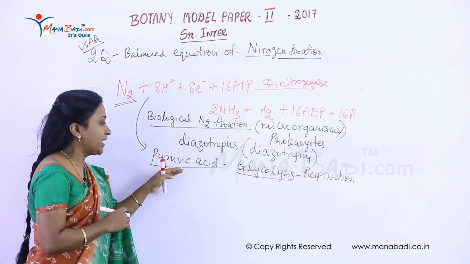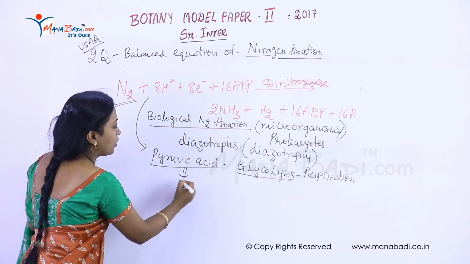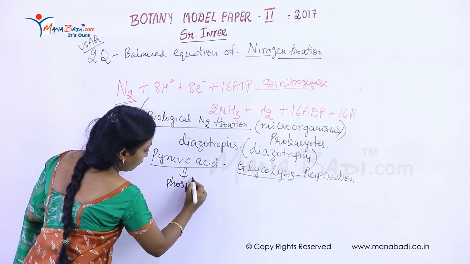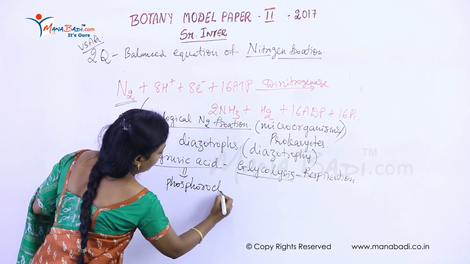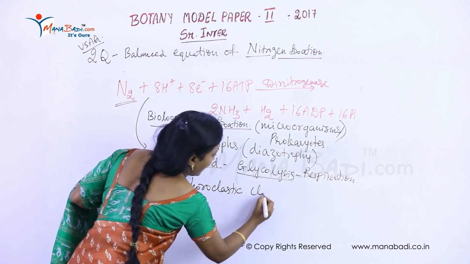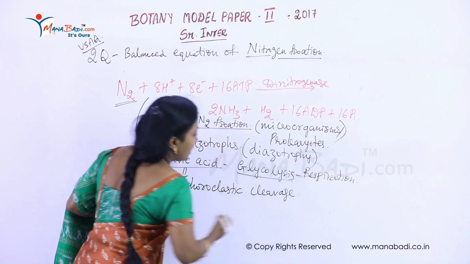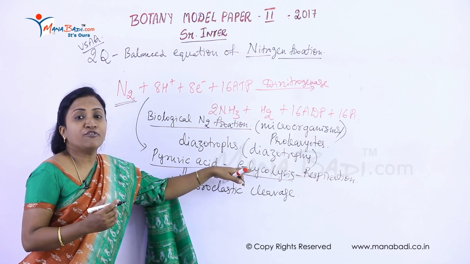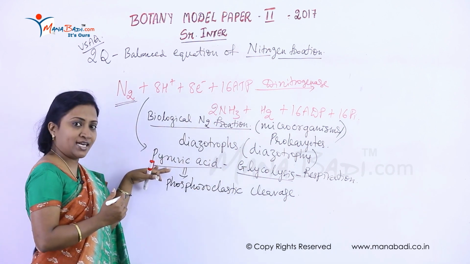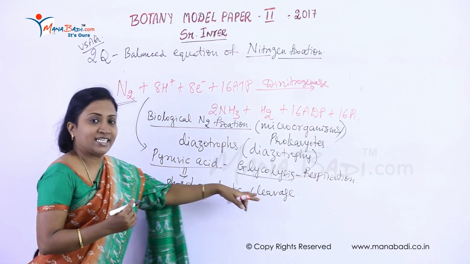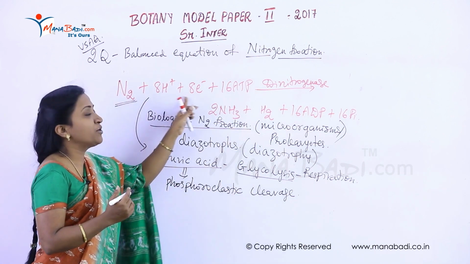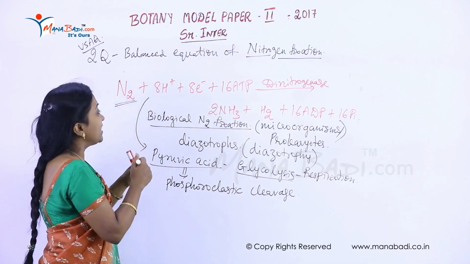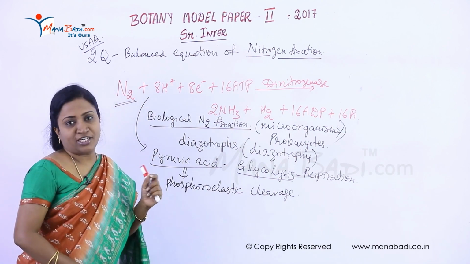The pyruvic acid undergoes phosphoroclastic cleavage, a breakdown, producing protons and electrons, which help in the reduction of nitrogen.